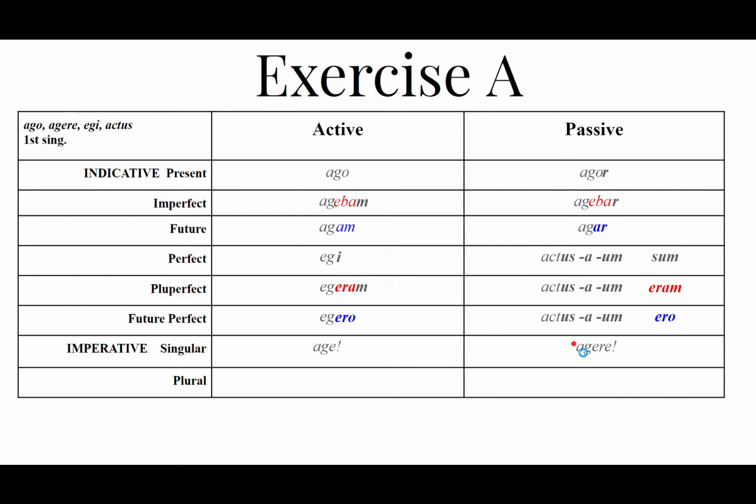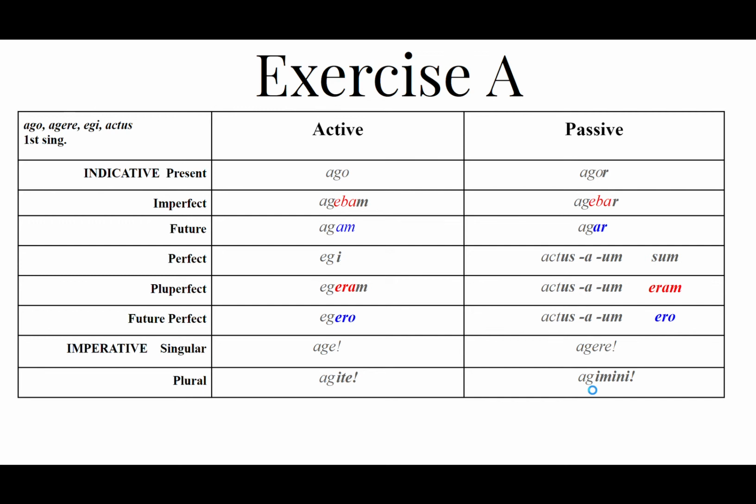For the plural active imperative, you take the present stem ag, and then you add ite: agite. So age becomes agite in the plural. And then agimini for the plural passive. So it's an I before the mini. So agere becomes agimini. Optime, that's ago in the first person singular, active and passive.